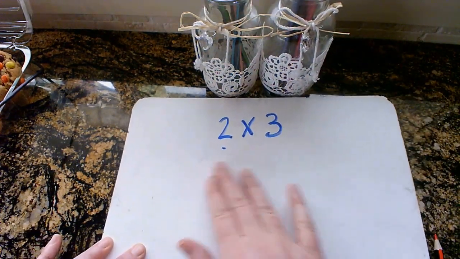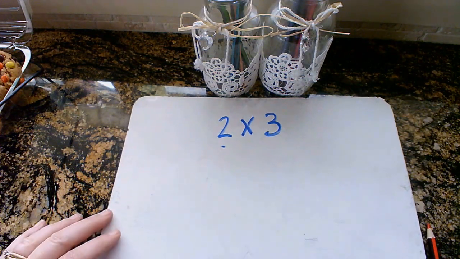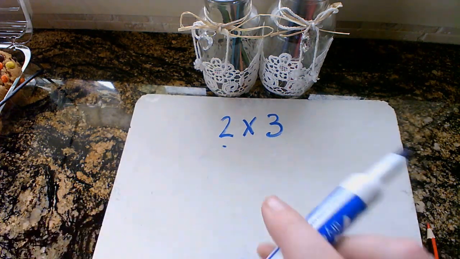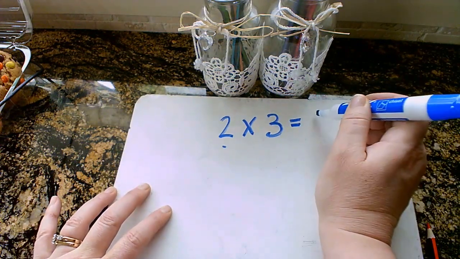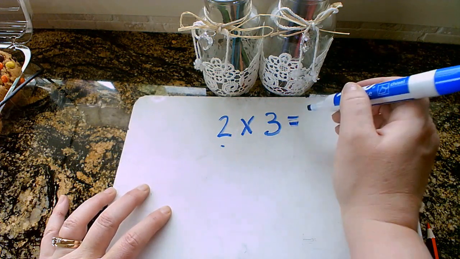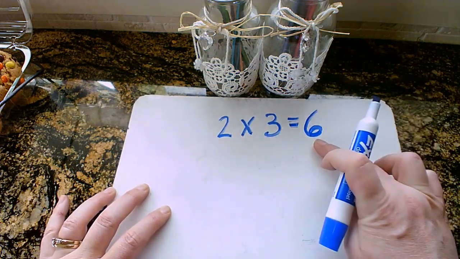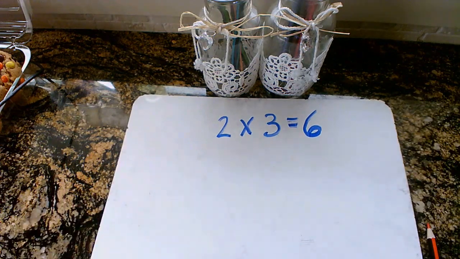Okay? So for your example where you are able to multiply, all you need to show me is the multiplication equation. I think this week on your worksheets it calls it a multiplication sentence. Same thing. This is a multiplication sentence or a multiplication equation. Okay?